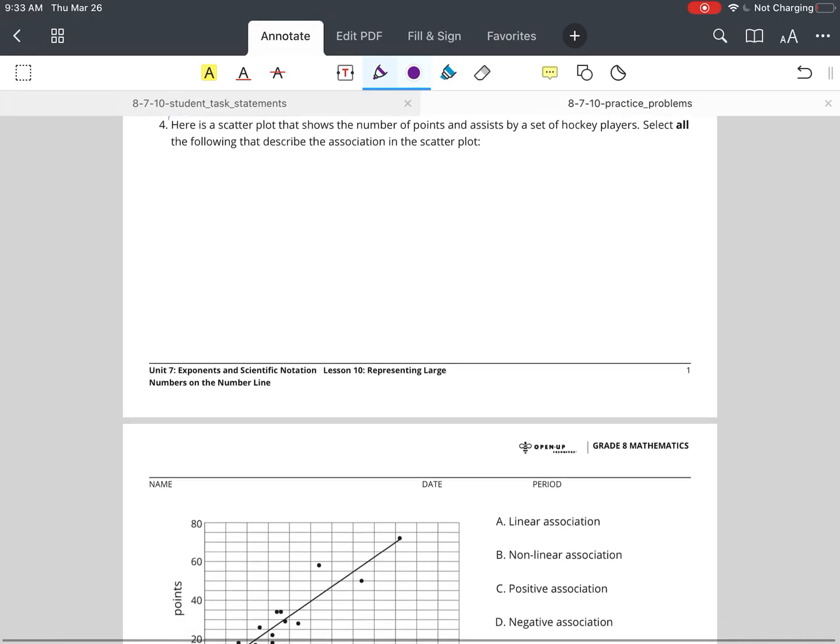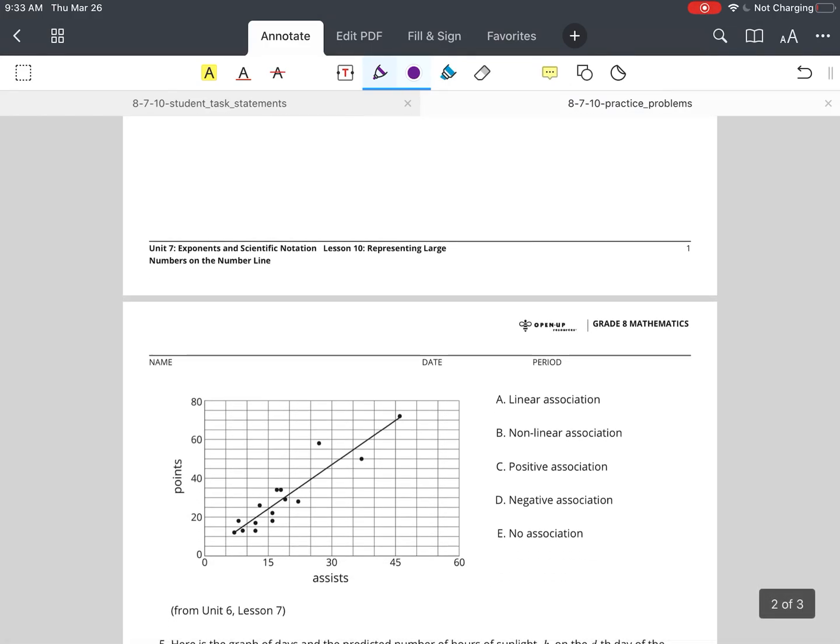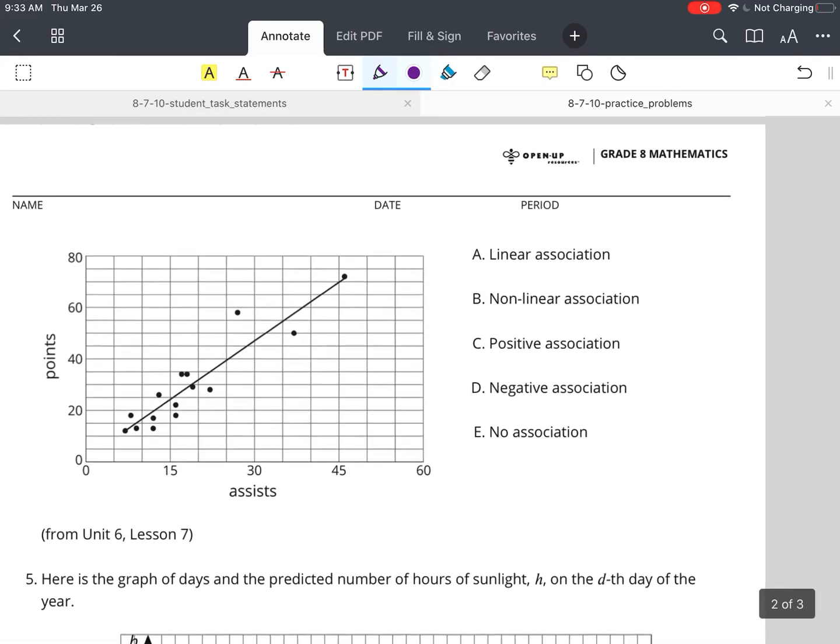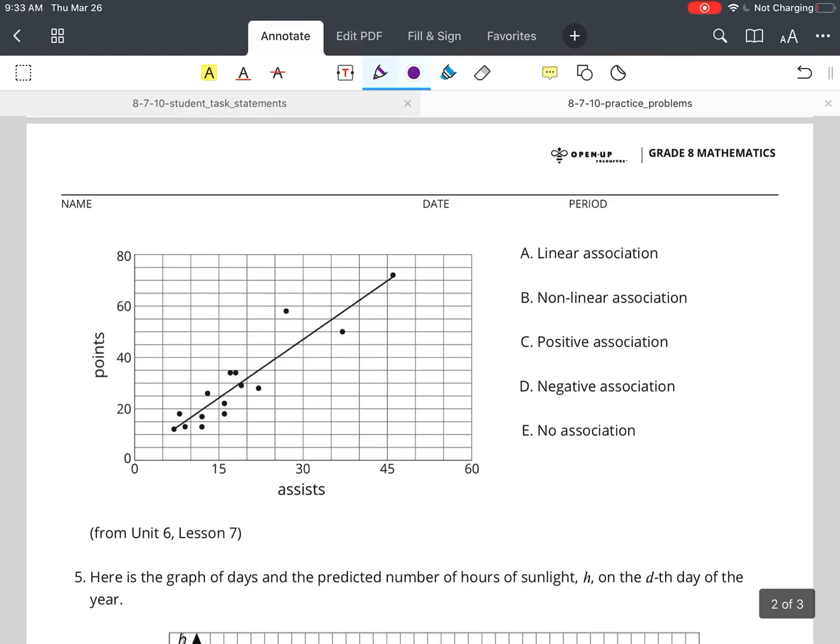Now, number 4 is kind of difficult because that's technically Unit 6 material. For those of you who have passed or taken the additional focus area, associations and data, does the data, the data points, look linear?